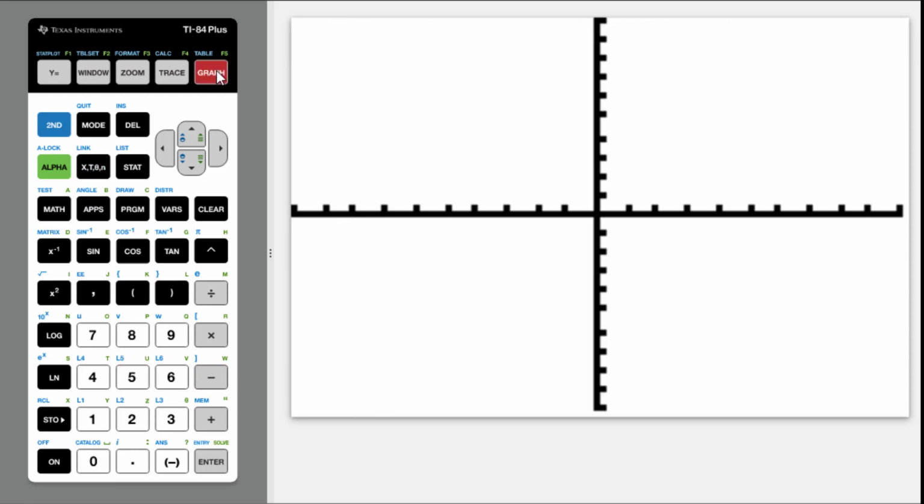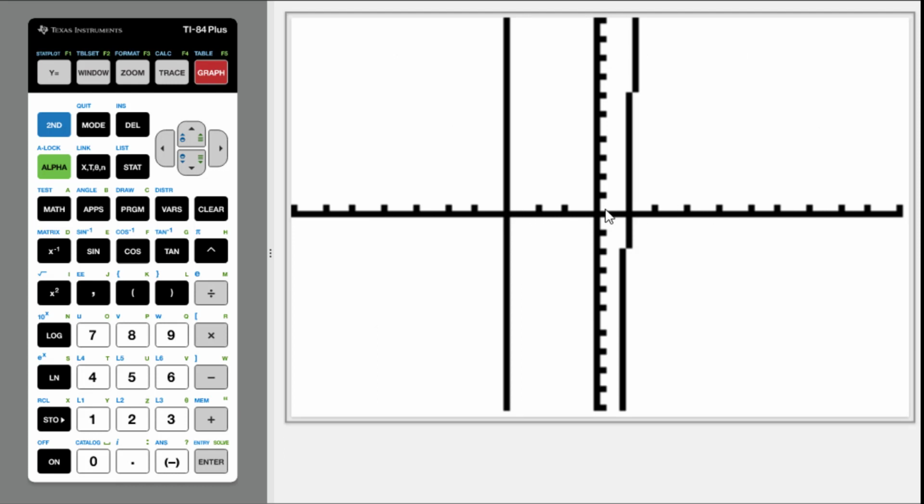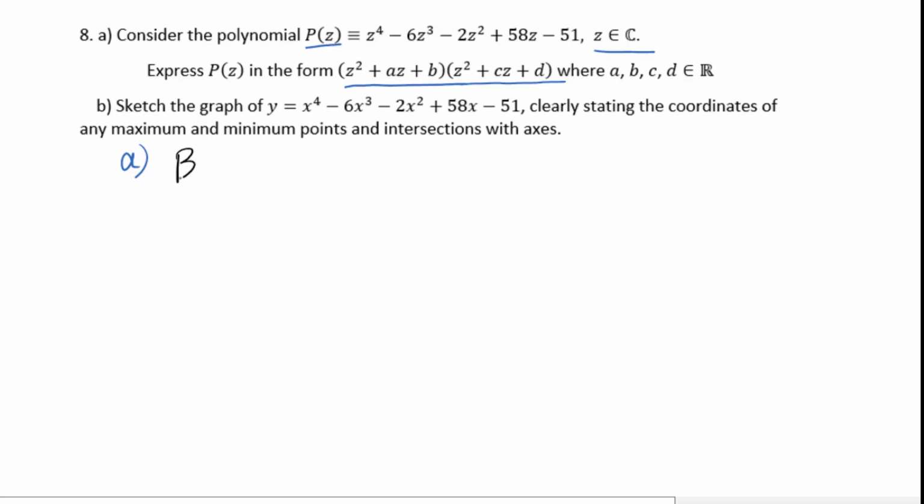Then graph. We will get zeros x equals 1 and x equals negative 3. By graphing, we figure out z1 equals 1, z2 equals negative 3.